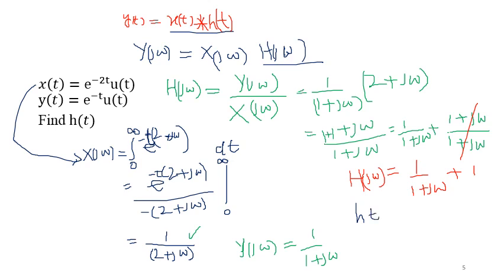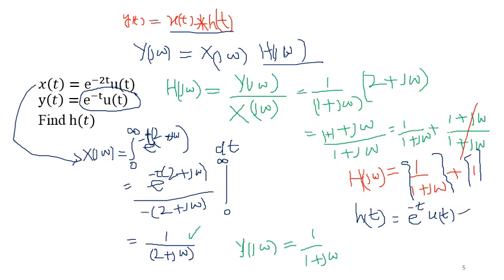So h of t means I can apply the Fourier inverse to this term, and I can apply the Fourier inverse to this term. 1 over 1 plus j omega is basically the Fourier transform of this, so if I take the inverse of it, I should get e power minus t u of t.